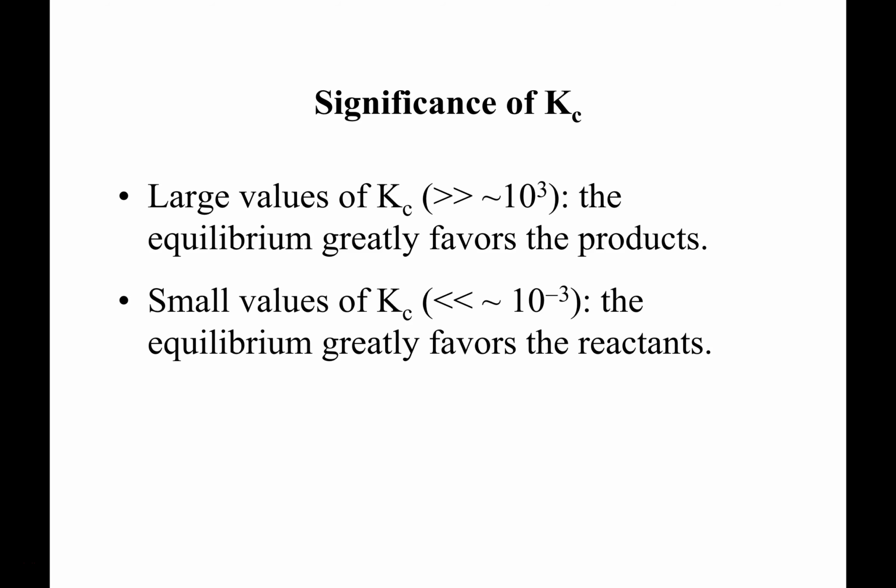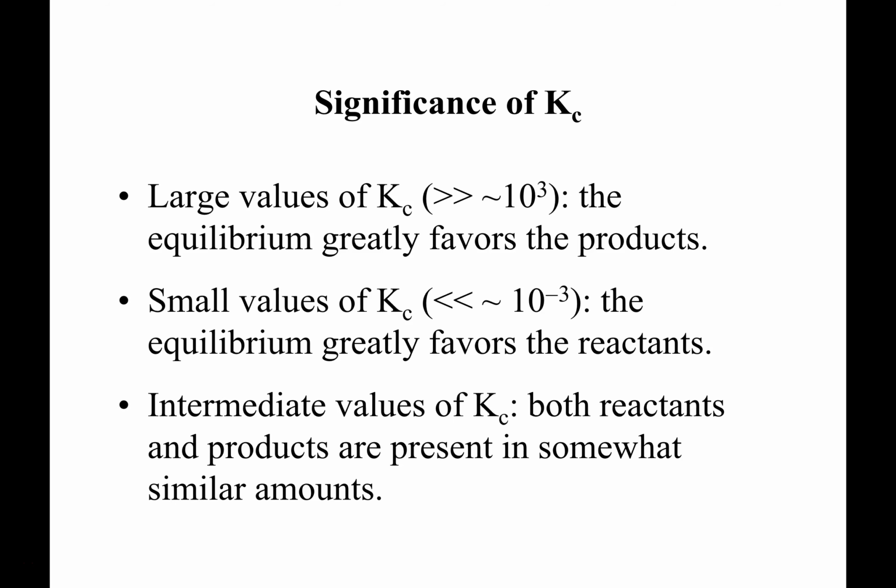In general, you're talking about 0.001 or smaller. If it's between 0.001 and 1,000, that means when the dust settles, you have a little bit of product and a little bit of reactant in moderate amounts. These are just general statements based upon the magnitude of your equilibrium constant.